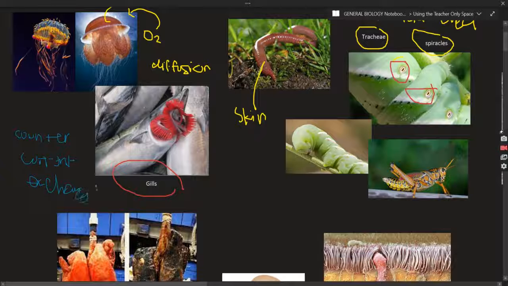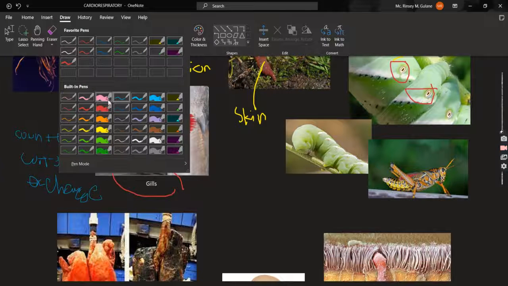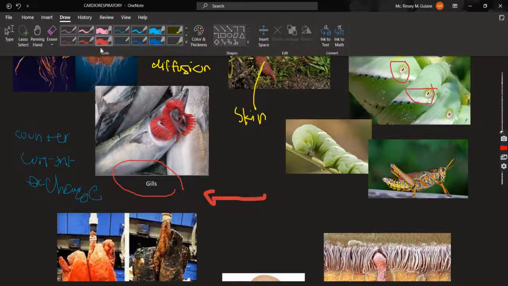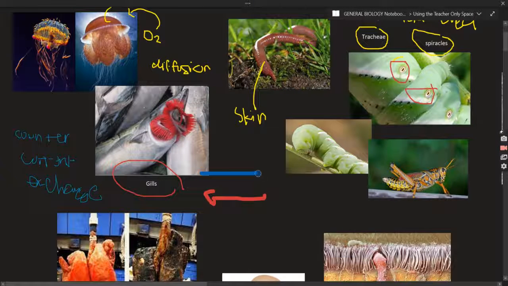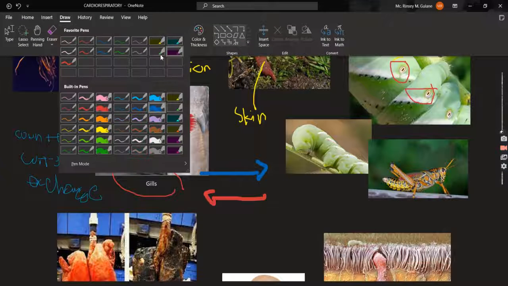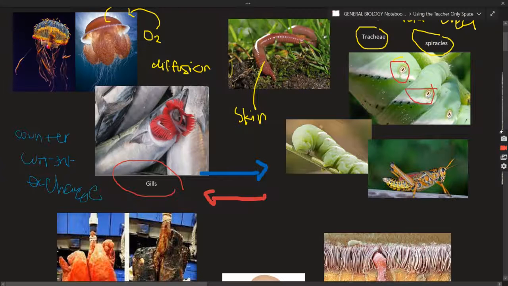Okay, so ano ang ibig sabihin nitong countercurrent exchange? So to summarize yung respiration nila, I'll draw an arrow here, and I'll draw another arrow. Okay, so paano ba nangyaring countercurrent exchange?